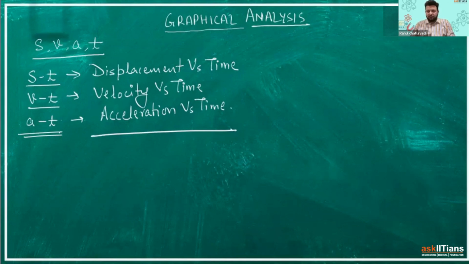A few things we have to be very clear about. Under displacement versus time graph, we will have the slope of the displacement versus time graph. In a displacement versus time graph, slope gives the velocity.